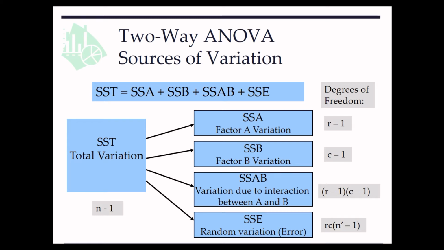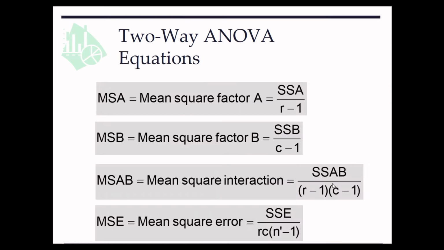Here we have SST equals SSA plus SSB plus SSAB plus SSE with degrees of freedom as follows. Then we can define MSA, MSB, MSAB, and MSE accordingly.